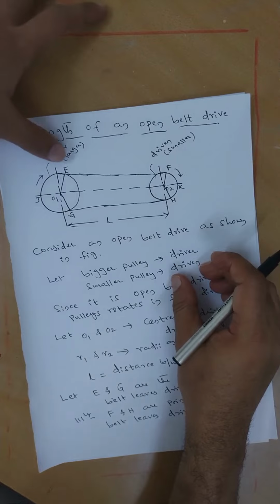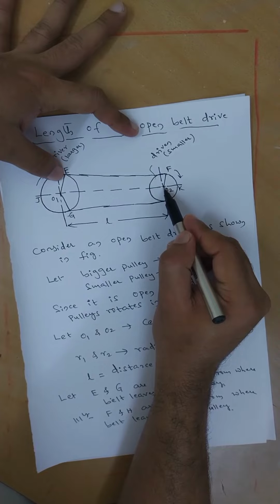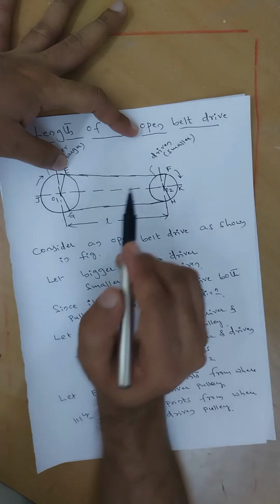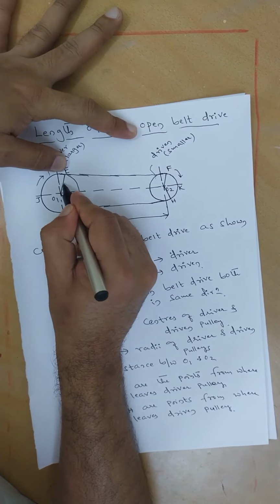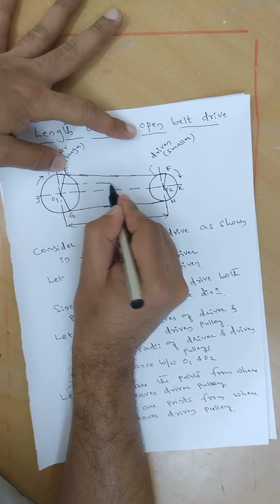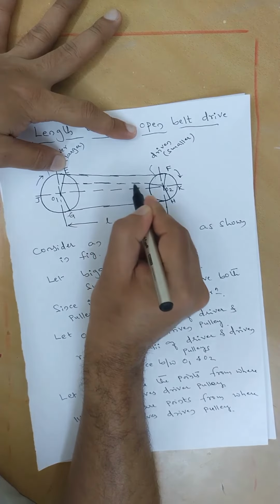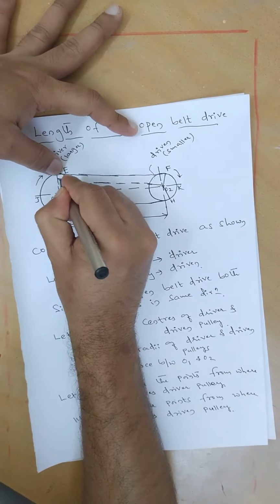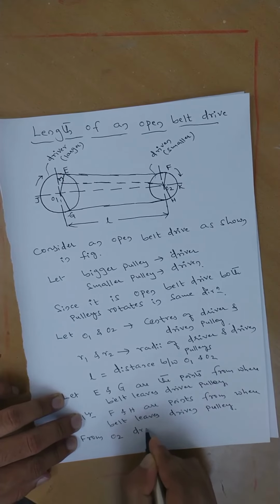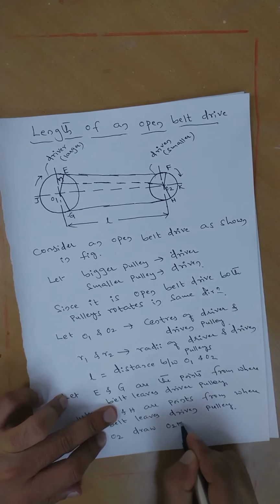Now we make a little construction here. From O2, I draw a line parallel to EF, and the point here I mark as M. So from O2, draw O2M parallel to EF.